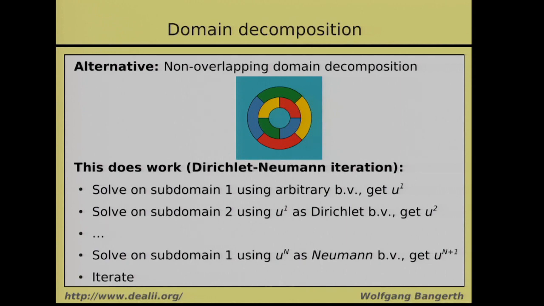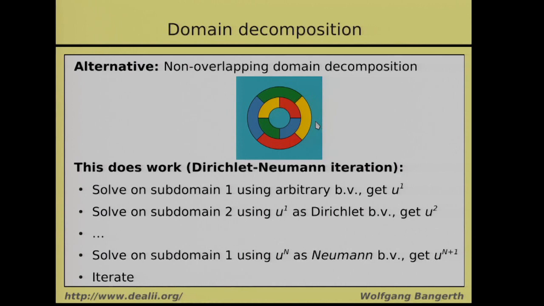But then the next time around, when I come to solve on the blue subdomain the second time, I'm not going to use Dirichlet values here, but I'm going to use the Neumann values of the yellow solution. So I'm going to say that du over dn of the blue subdomain equals du over dn of the yellow subdomain, where n in this case always points in the direction outward of the blue subdomain, for example.